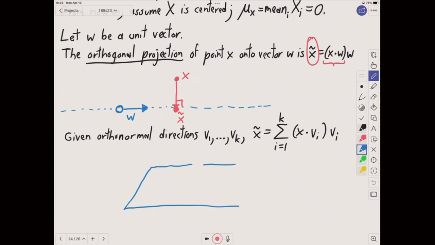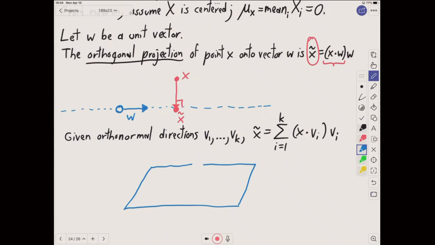Then they span some plane. I'm going to draw my plane by drawing a square in that plane. I know that looks like a parallelogram, not a square, but that's because we're looking at a square from an oblique angle. So imagine this is a square in 3D space. We're looking at it from an oblique angle, which is why it doesn't look square.